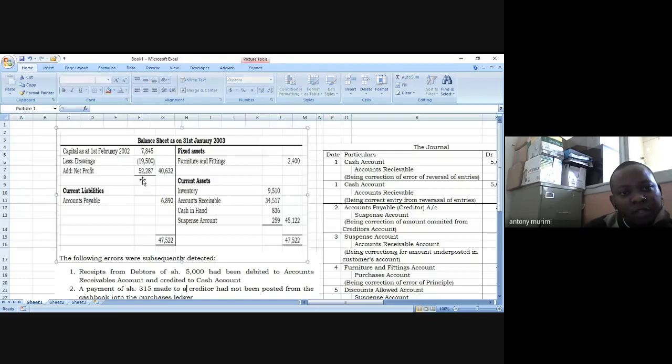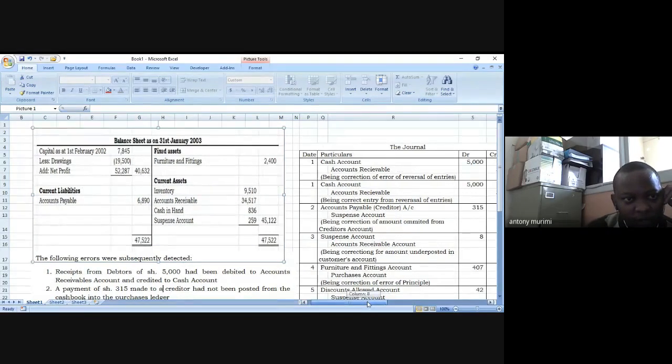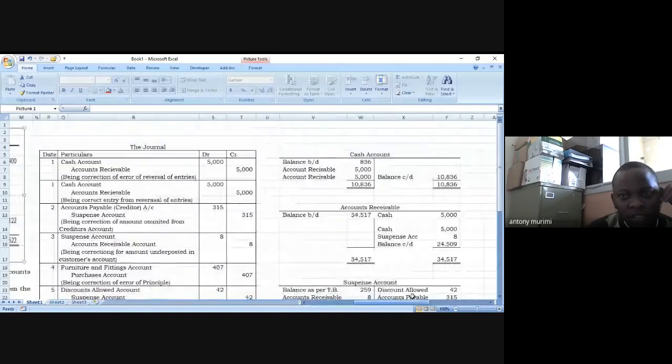As you can see in the balance sheet, on the left side, we have net profit of 52,287. So we adjust this profit with the errors that we have corrected.